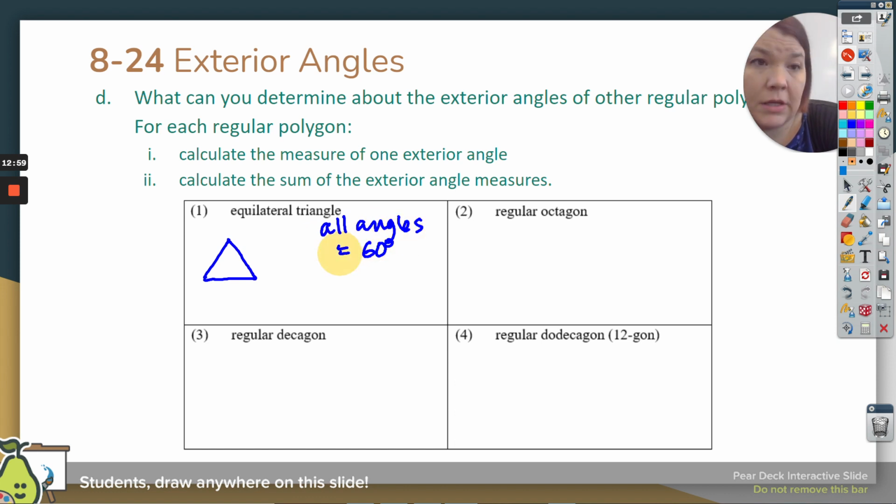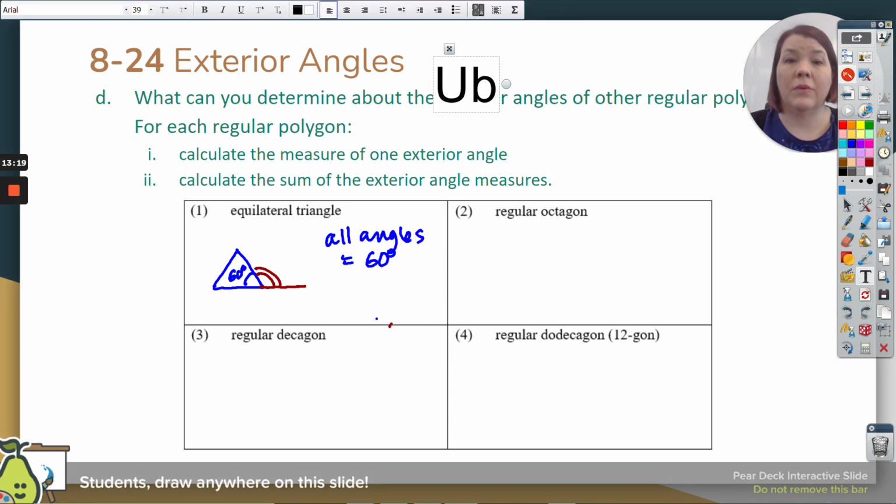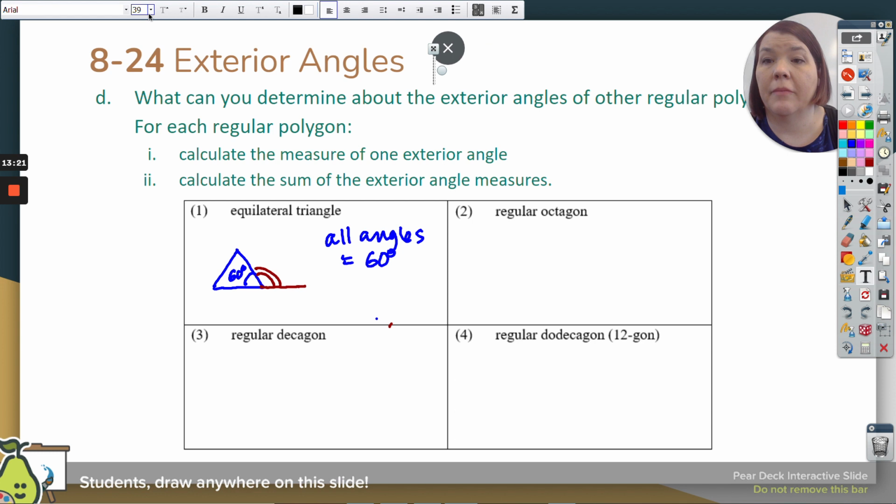The exterior angle, this angle right there, and the angle of 60 degrees must add up to 180 because they make a straight line. So I'm actually going to type that. That's really way too big. Interior, the sum.